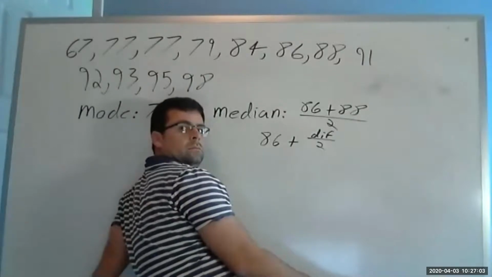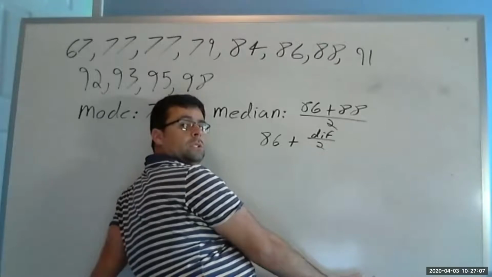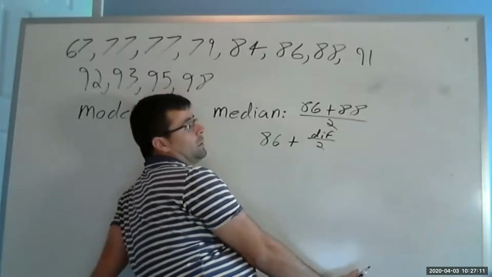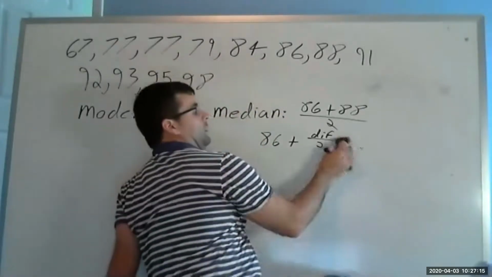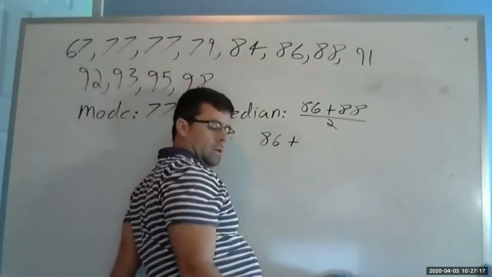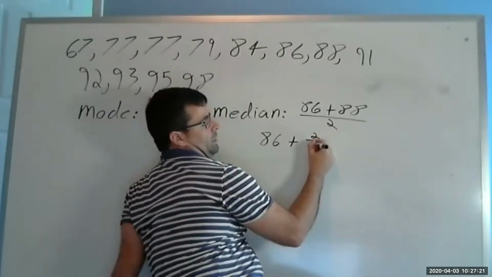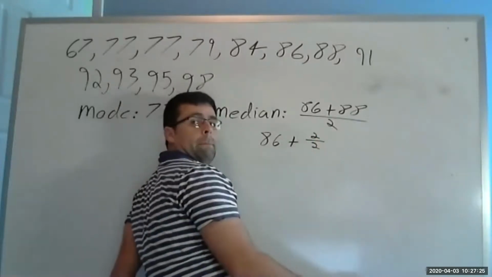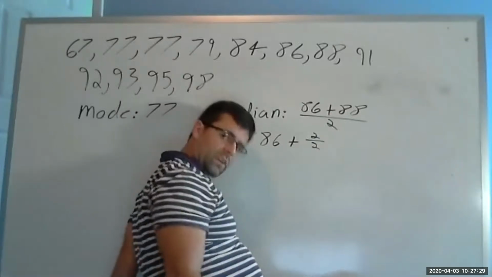You said you're between 86 and 88. What's the difference between those two numbers? 2. Yeah. So the difference is then 2 over 2. What is 2 over 2? 1. Very good.